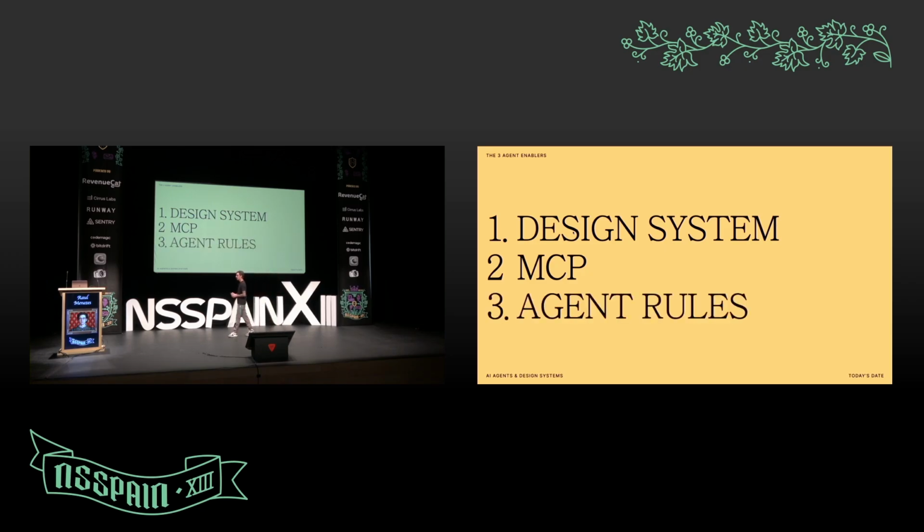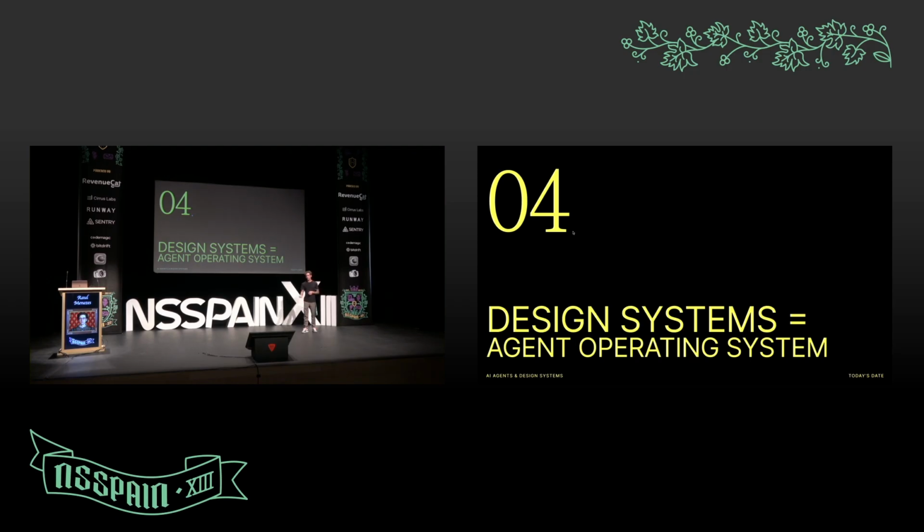And the last one is agent rules, which were introduced not long ago, where you can tell the agent how things are supposed to work. Technically, if you feed these 3 pieces of information to your agent, you should get very good results, which will reduce the guesswork.